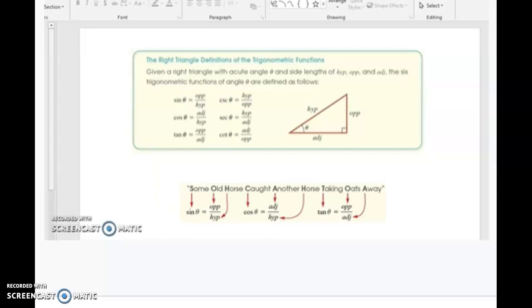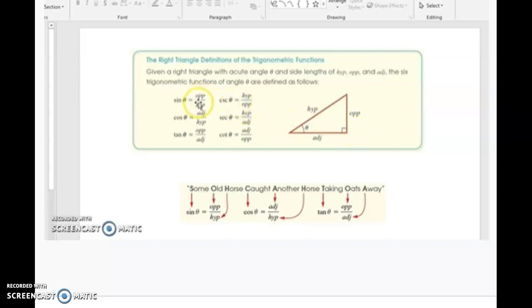We have very important information here that you should learn if you do not already know it, and that is the definition of all 6 trigonometric functions using the parts of a right triangle.